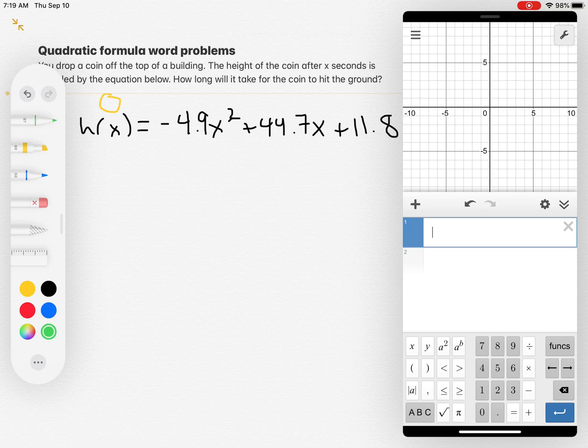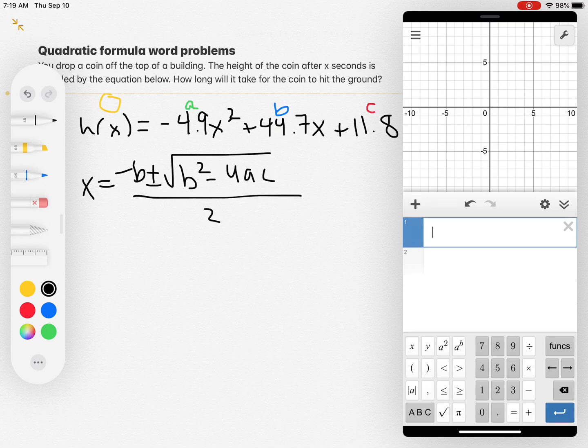Let's label our a, b, and c. Remember, a is the number in front of x squared, b is the number in front of regular x, and c is your number. You got some decimals in here, not a big deal. I'm going to write out our quadratic formula just in case we need a little refresh. And then we're going to plug the numbers in just like we did before.